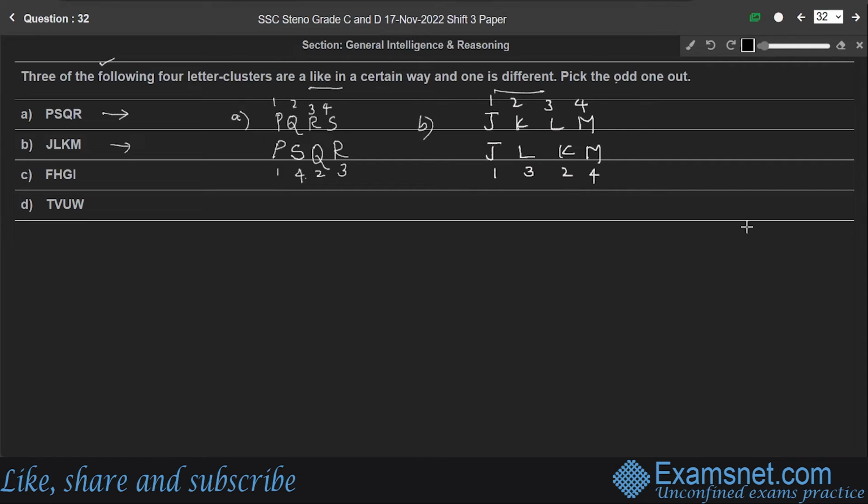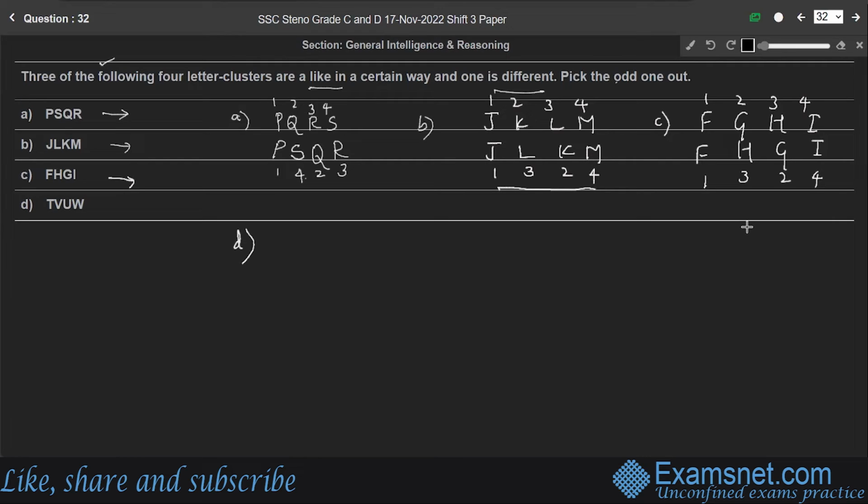When it comes to option C, in which the letters are FHGI, written continuously they are FGHI, 1, 2, 3, 4. In the given cluster they are FHGI, which is 1, 3, 2, 4. So they've written them in the order of 1, 3, 2, 4.